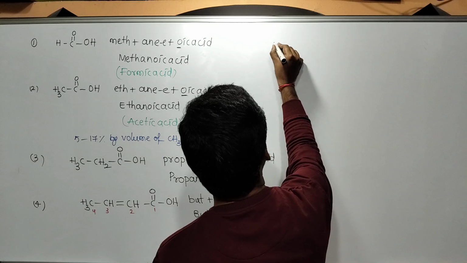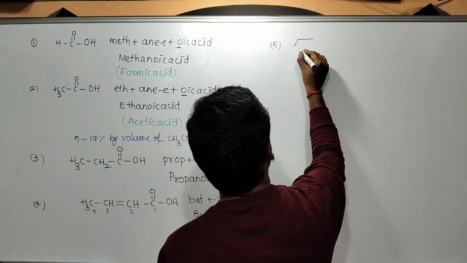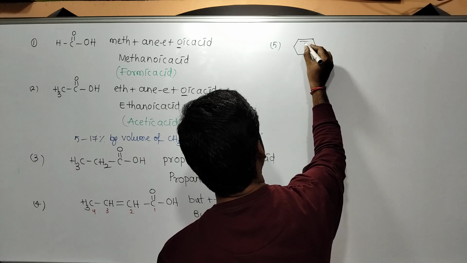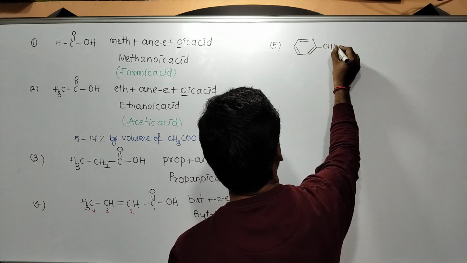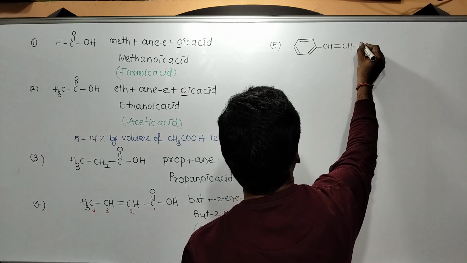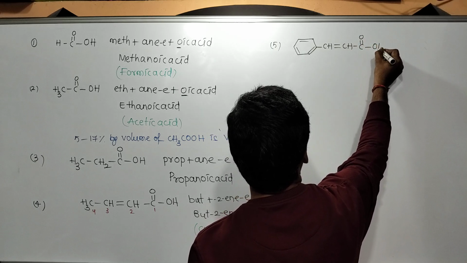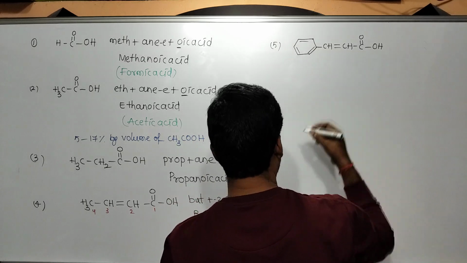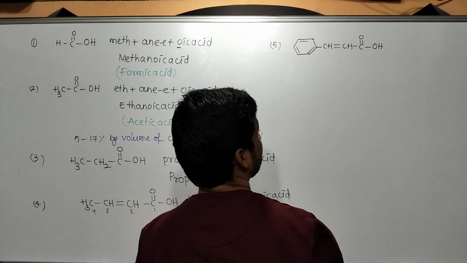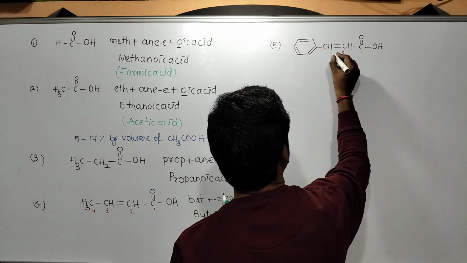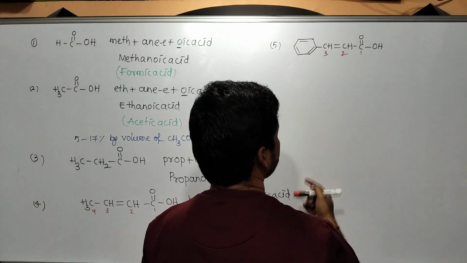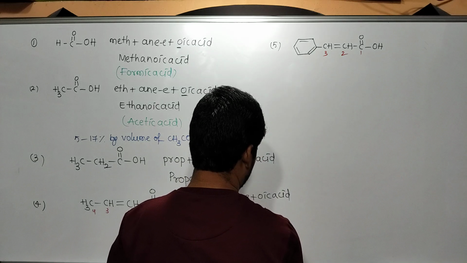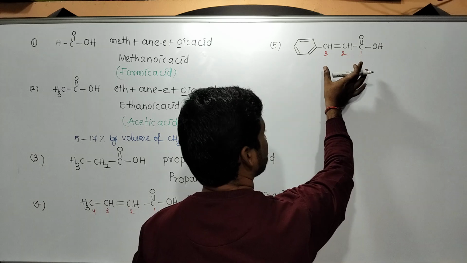If you take this one, due to the presence of the functional group, this must be taken into the parent chain. 1, 2, 3: the open chain is the parent chain. Of course, the closed chain contains 6 carbon atoms, but the open chain contains 3 carbon atoms.